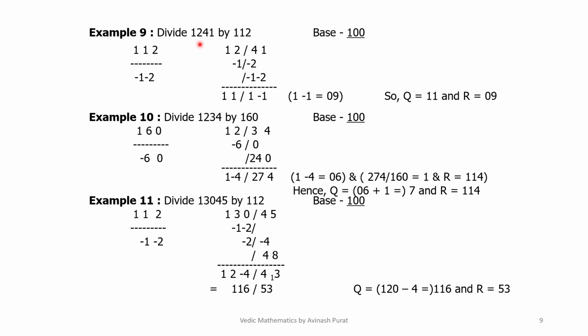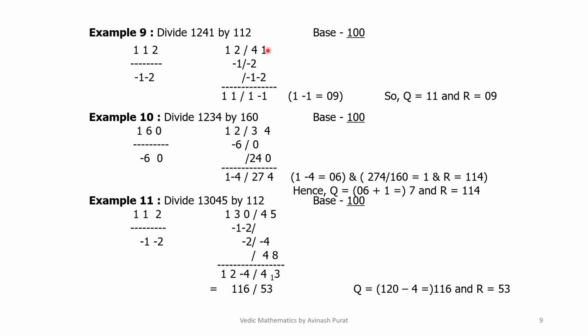Example 9, divide 1241 by 112, base is 100, 112 downside minus 1 minus 2, 12 stroke 41, 1 taken down, 1 multiplied by minus 1 minus 2 is minus 1 minus 2, so 2 minus 1 is 1, 1 again multiplied by minus 1 minus 2 is minus 1 minus 2.